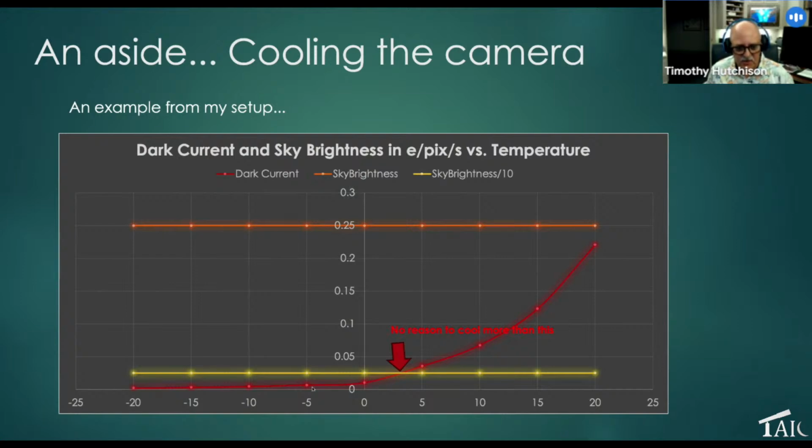But if you're down here between 0 and -10 on this particular sensor, you're well below the impact of sky brightness on your image, and the thermal signal at this point, the dark current, is not having a significant impact on your image. I think that's a question you're probably going to cover a little bit about banding noise. You want to hold that? Yeah, let's hold that. We are going to talk about that, Isaac.